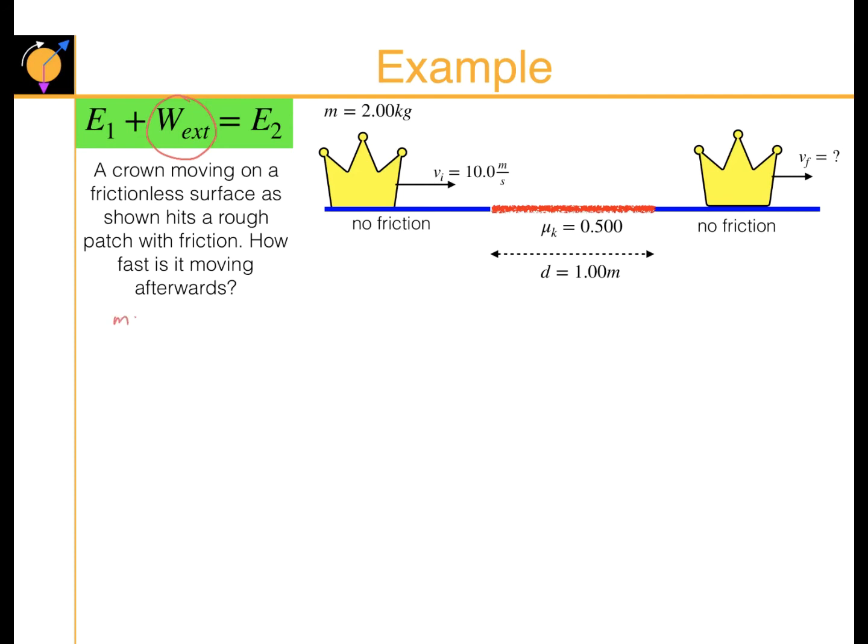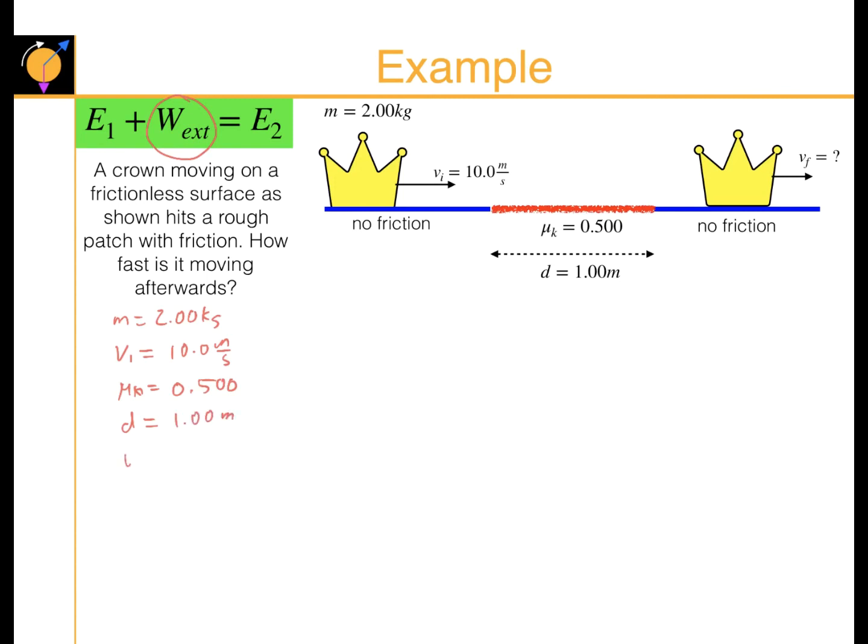Okay, so the mass of the object is 2.00 kilograms. The initial speed is 10.0 meters per second. There's no potential energy here, right? It's just kinetic energy. So it's a nice simple one. The kinetic coefficient of friction is 0.500, and the distance that it travels is 1.00 meters.